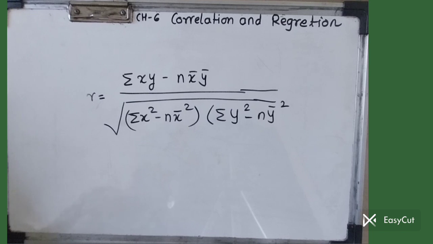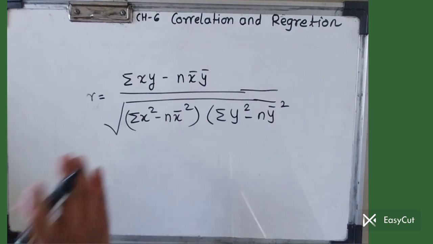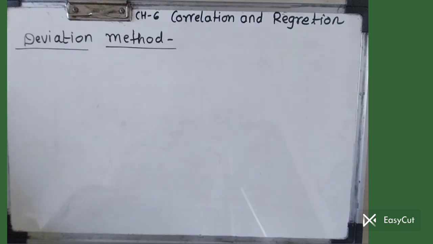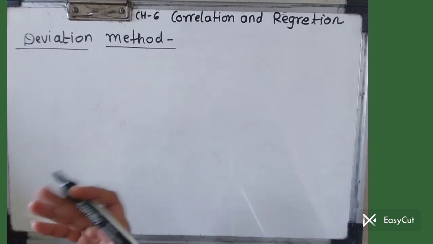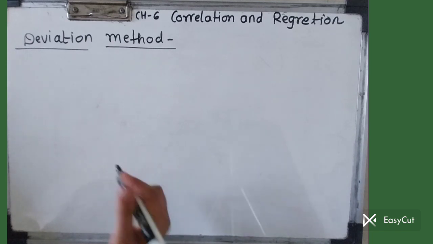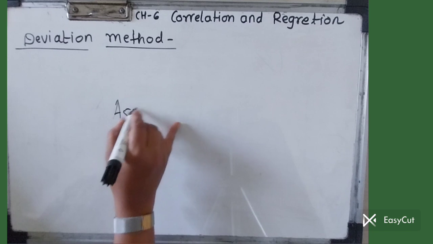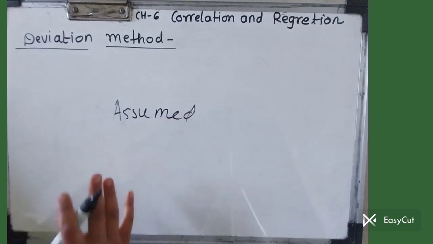Now the next topic is the deviation method for the Karl Pearson coefficient. As we already know, in the mean and in dispersion we already studied the deviation method. In the deviation method we assume one value and subtract that value from the given observation.